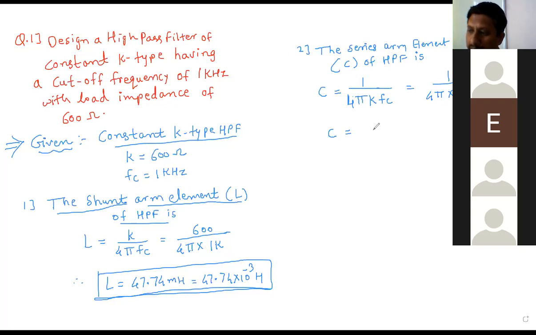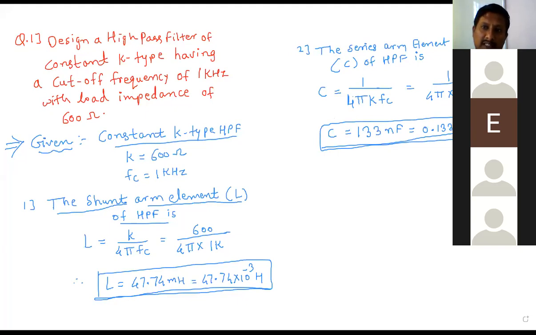Okay. 132.69 means almost 133. 133 nanofarad. Or if you are keeping it in microfarad, you can get 0.133 microfarad. So both answers are acceptable: 133 nanofarad or 0.133 microfarad. Everyone getting the same answer? Yes, sir.